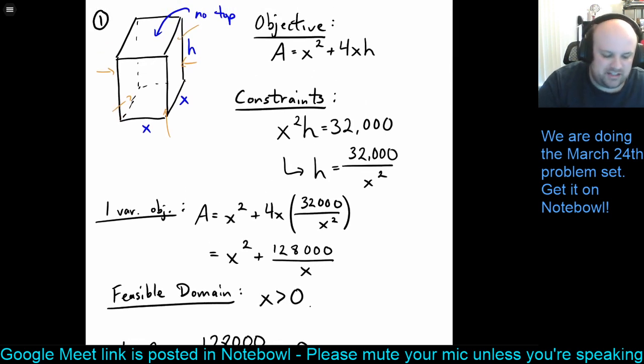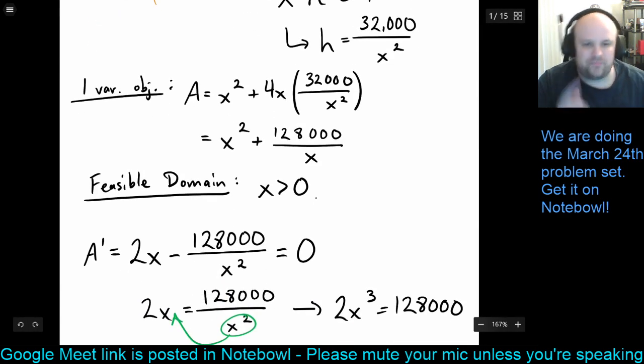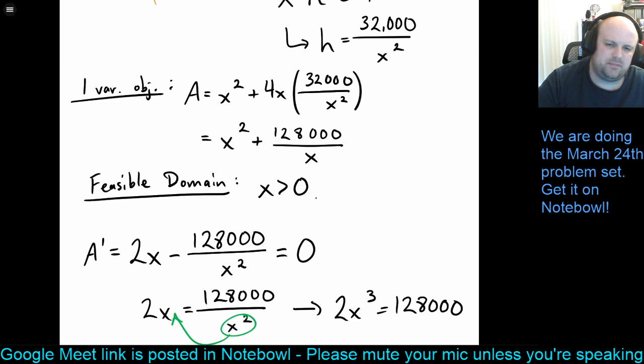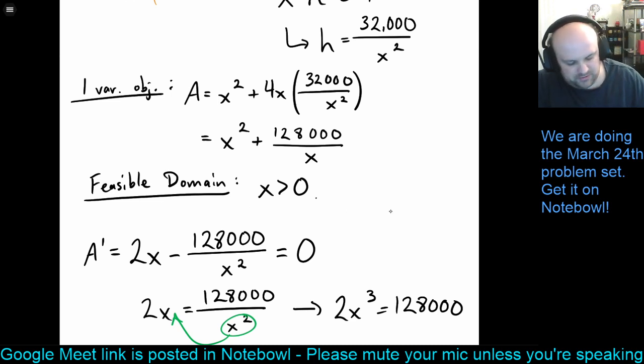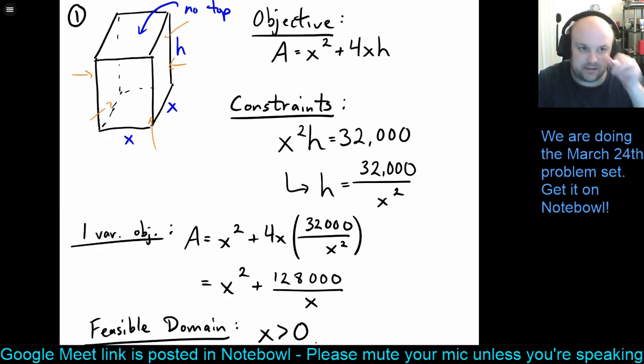It's a good idea to draw a picture of the situation, try and write down your objective and your constraints, and then you might notice it has a similar feel, at least up to this part here, to related rates, right? When you have multiple variables, you need to start cutting them down. It's the same kind of thing with the objective constraint stuff.